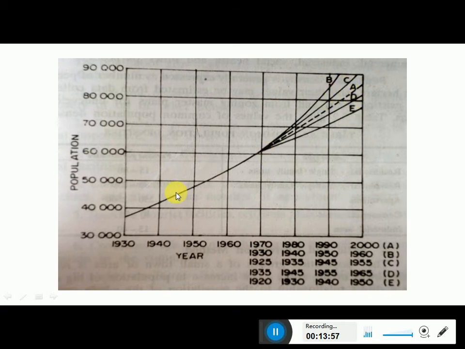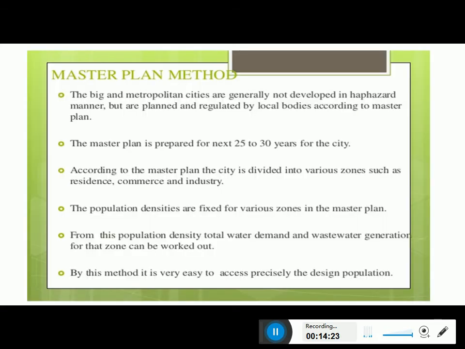Here the population for city A is unknown, while D, E, C, B are known. Accordingly the curve is extended for predicting the population of the unknown city by comparing with the population of the other cities. That's why it is called the comparative graphical method of population estimation.